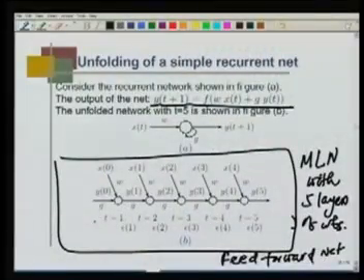This is how we generate the data. Once we generate the data, I now forward propagate my signal. The initial condition is y naught.